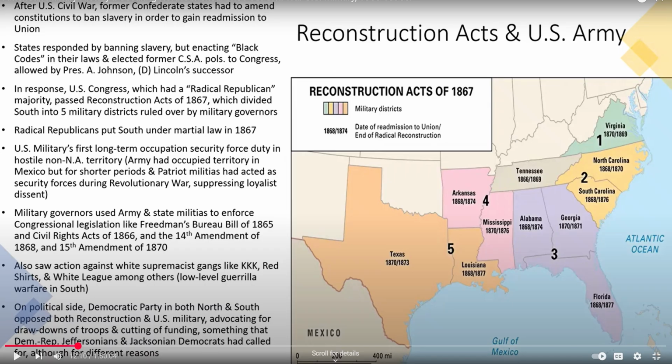I mentioned some of these things before, but just to recap and summarize, the former Confederate states, in order to come back into the Union and have representation in Congress, had to amend their constitutions to ban slavery, and that was something that they did, but they would allow for black codes. These are discriminatory laws that went against African Americans that made it very difficult for them to enjoy the full rights of free people and of U.S. citizens.